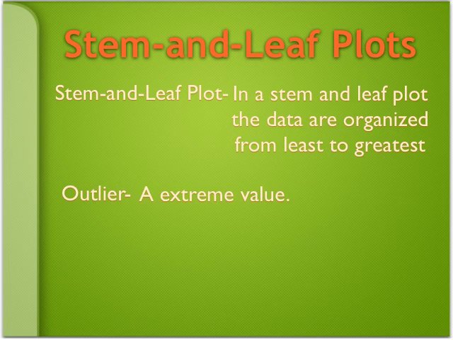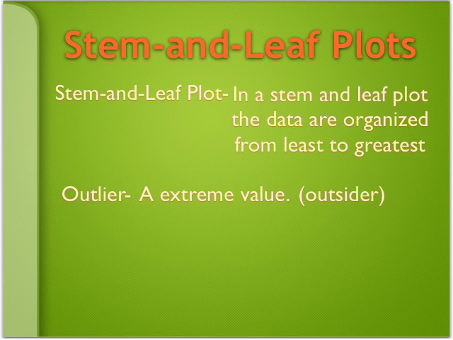And an outlier is an extreme value. You can also think about it as an outsider. Think of outlier as an outsider. It's different than all the rest. It sticks out.